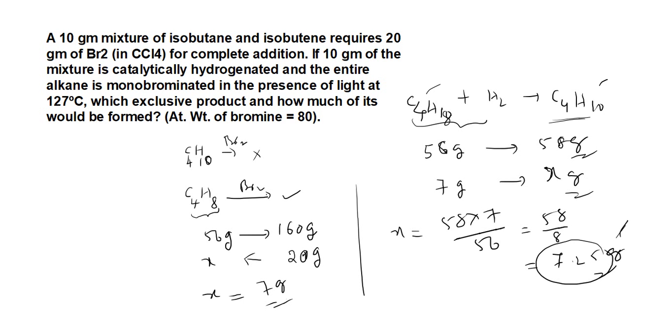But in this reaction, we have found the exclusive product, how much would be formed, which means there will be 3 grams of this isobutane not participating in the bromination reaction. Okay.